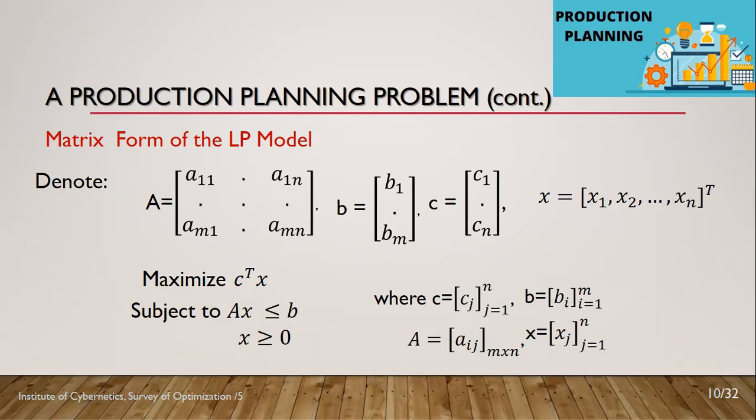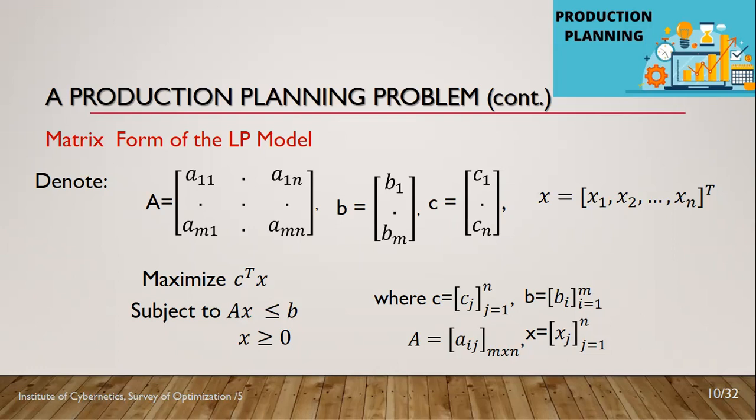Now, the coefficients of the objective we'll represent in the vector c, with the components c sub 1 up to c sub n. And remember that we agreed that by default, our vectors are column vectors.